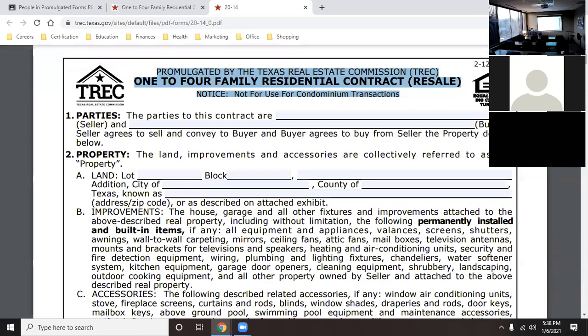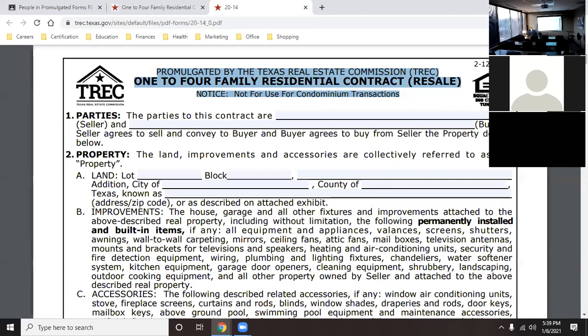Both of those logos provide you with the assurance that this is a real contract. Understand that the promulgated form, as you can see at the very top, is the form that is going to be utilized by licensed real estate agents. You will notice the second main bolded area is the 1 to 4 family residential contract, and in quotations, resale.